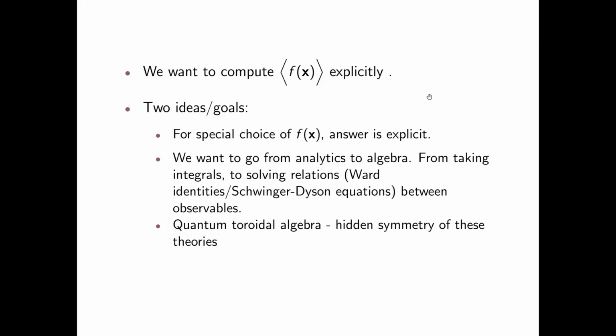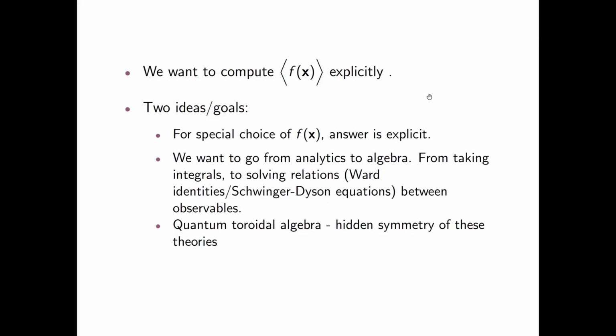And it will turn out that this quantum toroidal algebra is exactly this kind of symmetry behind these explicit answers. And it is actually kind of expected, because this quantum toroidal algebra has been shown from various angles to be the symmetry algebra behind this kind of triality or any of the dualities that appear there.